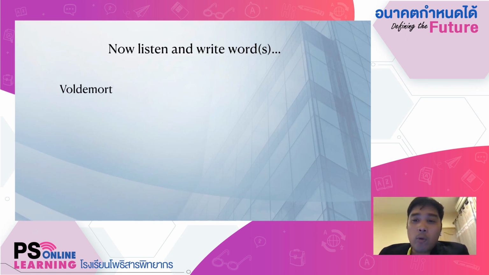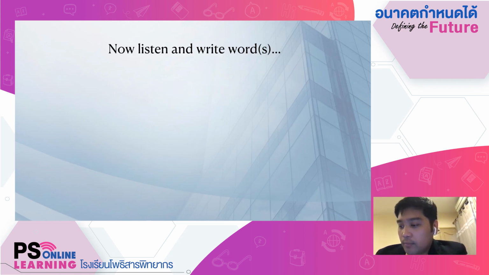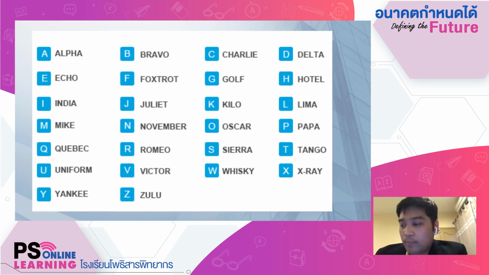How do you spell Voldemort? Victor, and what is O for? O is for Oscar, okay?